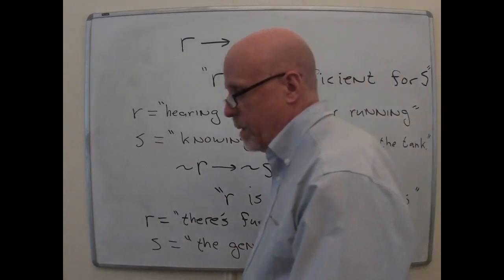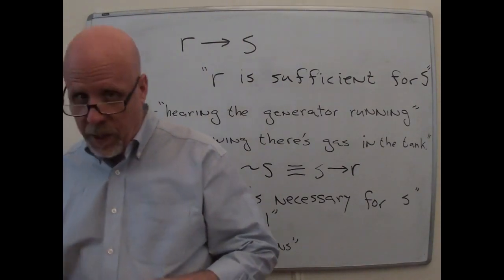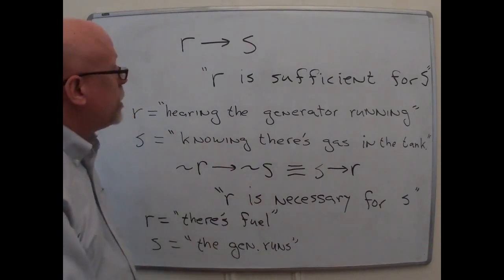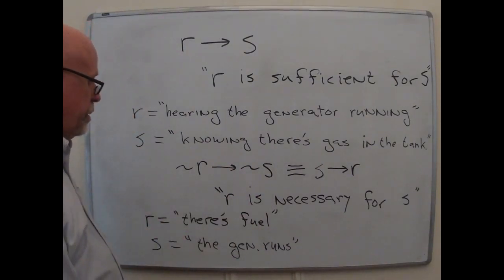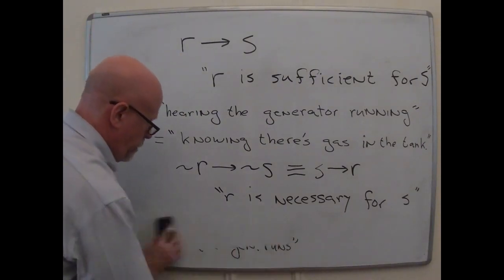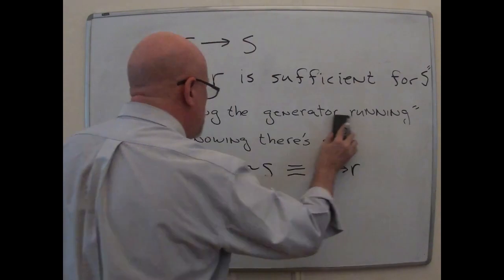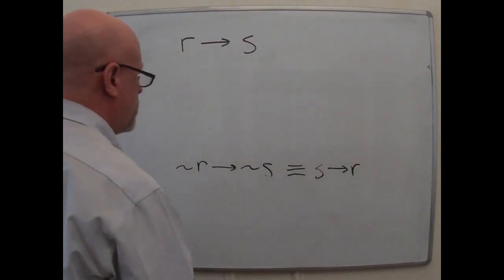And mostly, I'm going through this because there's another phrase that gets used, and this one's more common, where you put the two of these things together. You say R is a necessary and sufficient condition for S. So what does that mean? Let's leave that on the screen and that on the screen.